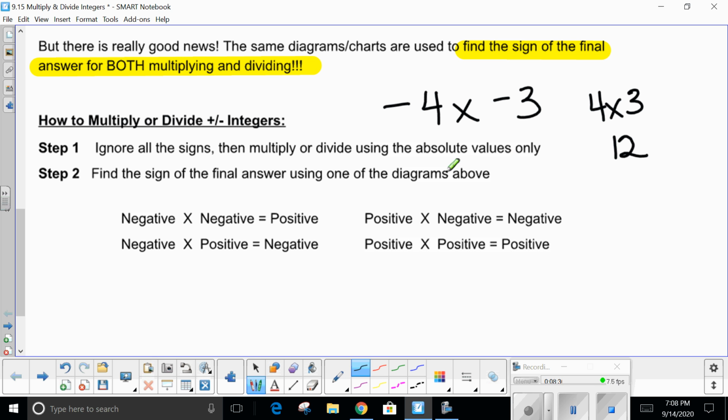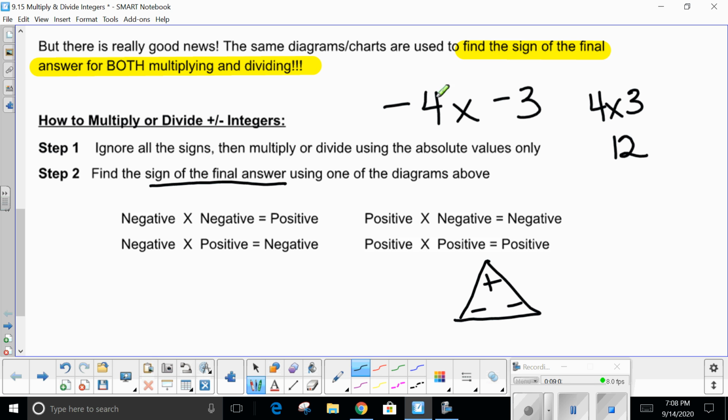Now you're going to use one of the diagrams above, and you're going to figure out the sign of your final answer. So these are the rules, but I prefer to use the triangle. So let's make a triangle here. And we're going to say negative, negative, and then positive.